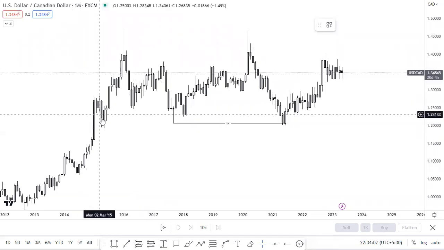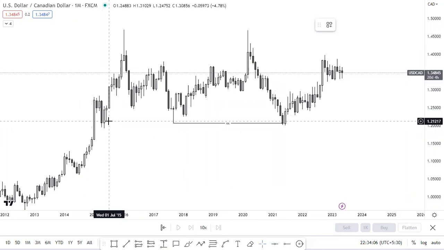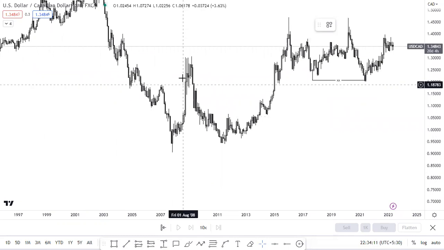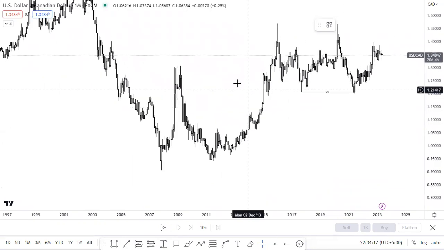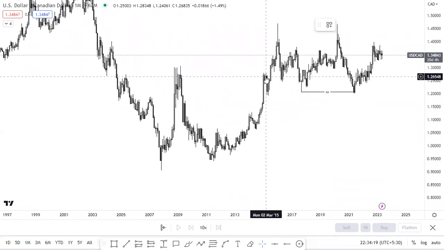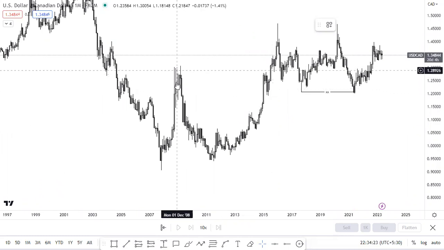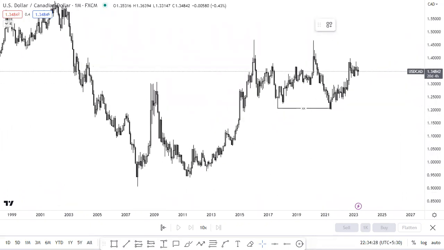This demand is holding the price till now. This supply failed and this demand reacted, holding the price. This demand area was created just before this supply break, so it's valid at least for a time and it's still holding the price.